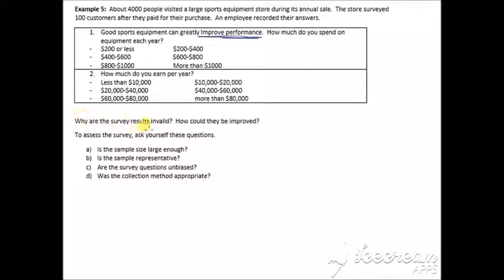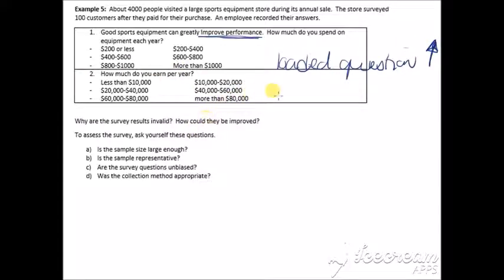So why are the results going to be invalid? This is a loaded question. People are obviously going to oversell themselves. Well, I care so much about my kids that I'm going to spend more than $1,000. So this is going to bump it up.